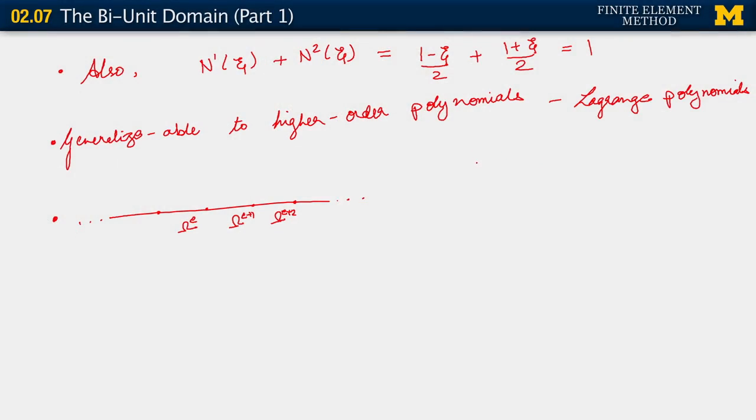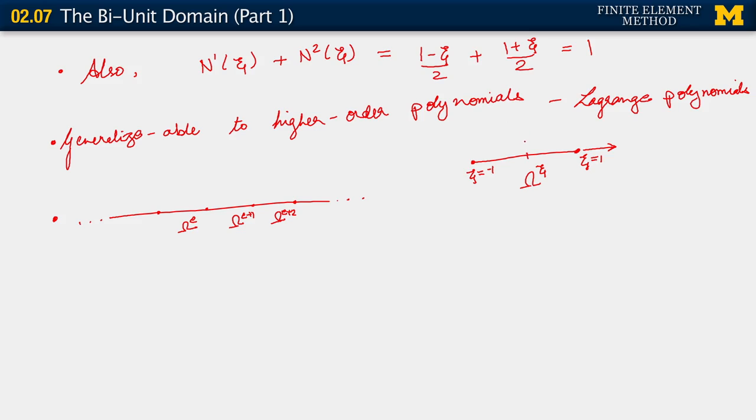Now, we focused upon a specific, really an arbitrary, element e in order to construct these basis functions, and we did that by going into the bi-unit domain. First of all, we need to recognize that each of these elements in the physical domain is obtained from this bi-unit domain, c equals minus 1 to c equals 1, which we are going to denote as omega c, for obvious reasons.